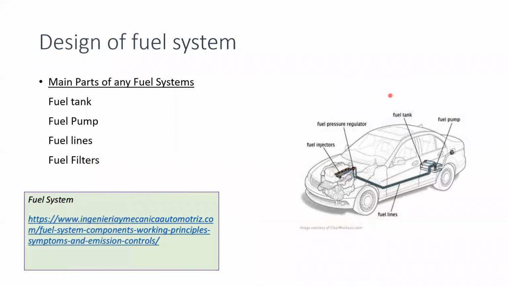So in order for this to start, the fuel system has a few components. Whether you are using a fuel injection system or a carburetor system, the parts are the same, but there are some differences between the types, right? The main parts of any fuel system are the fuel tank, fuel pump, fuel lines, and fuel filters.